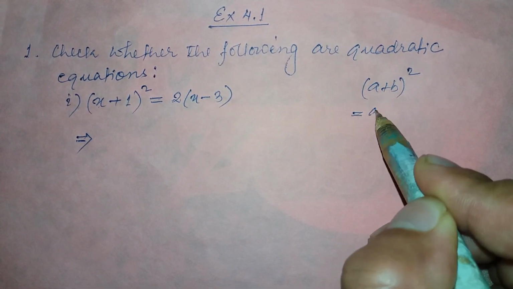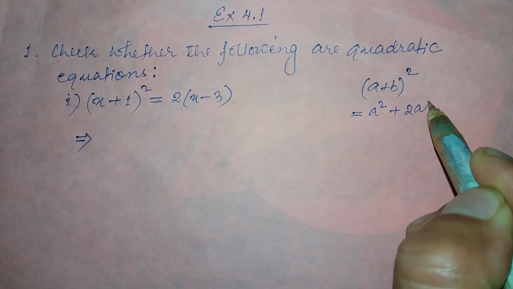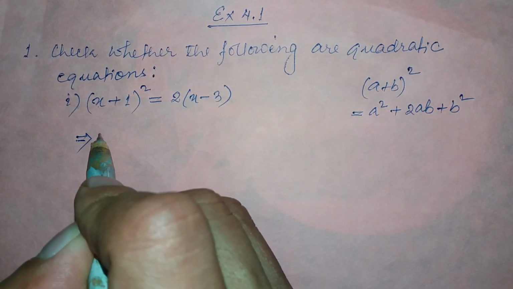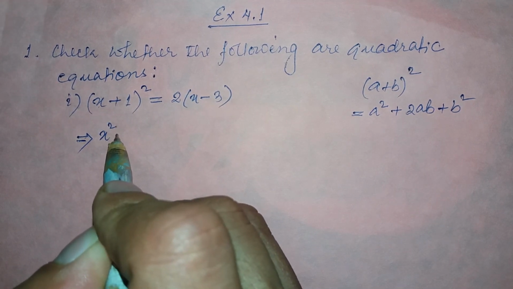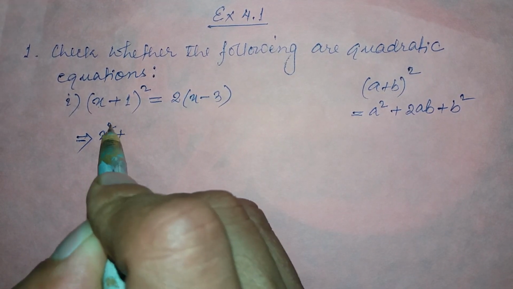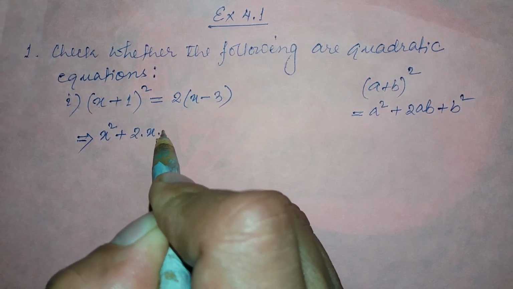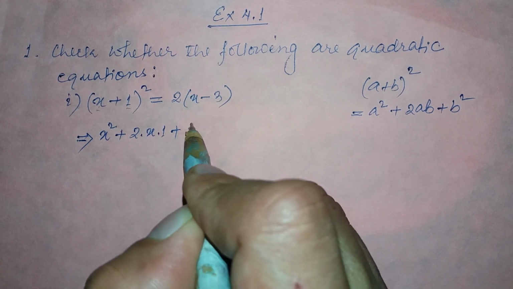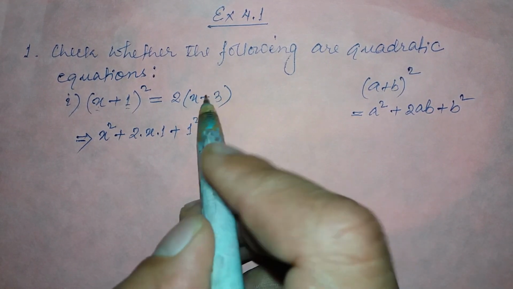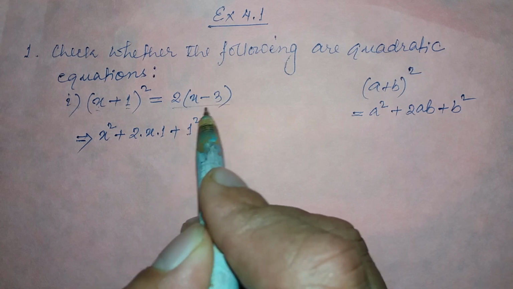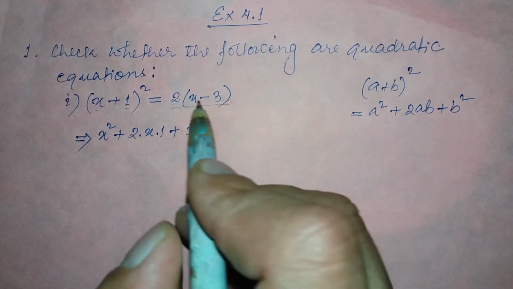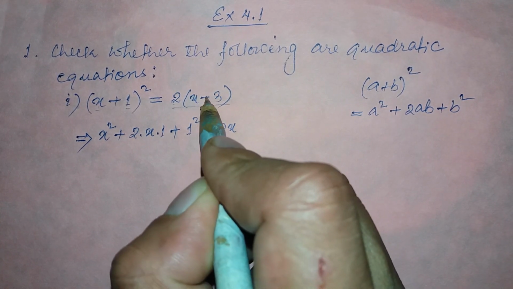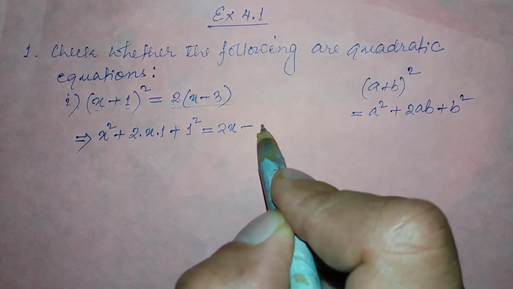So let's apply this formula, a square plus twice ab plus b square. Now this is a square, that is x square, plus twice ab, 2 into x into 1, this is our a and this is our b, plus b square, 1 square, this is equal to, now on the right hand side we have here multiplication 2 into (x minus 3). So we're going to multiply 2 into x is 2x and then minus here. So 2 3s are 6.